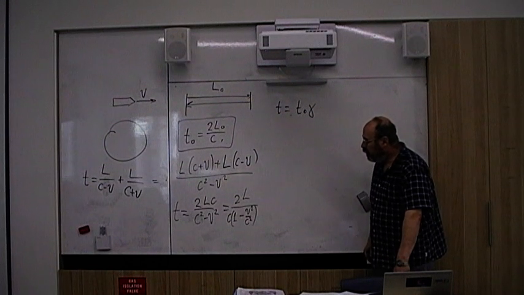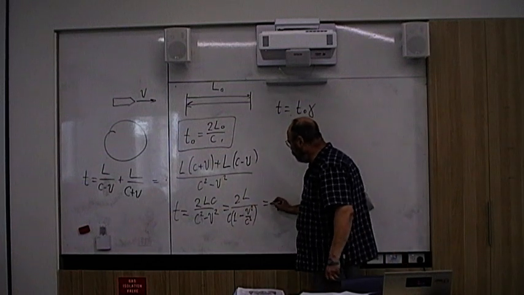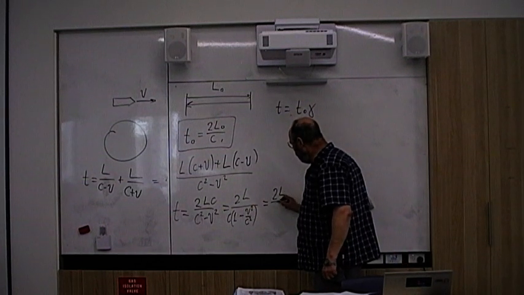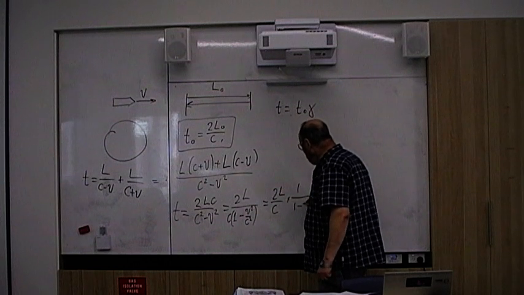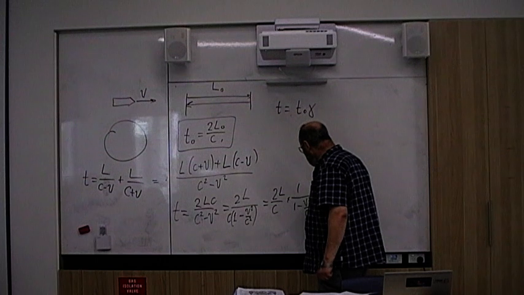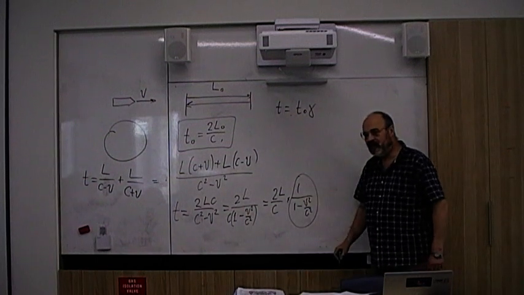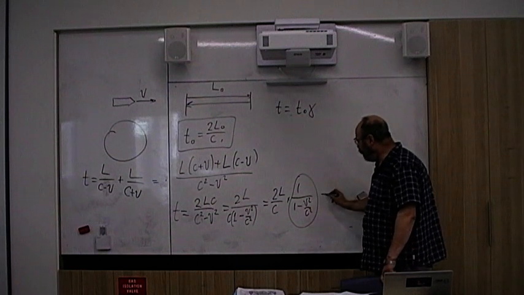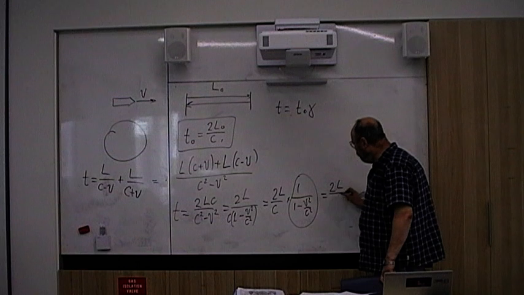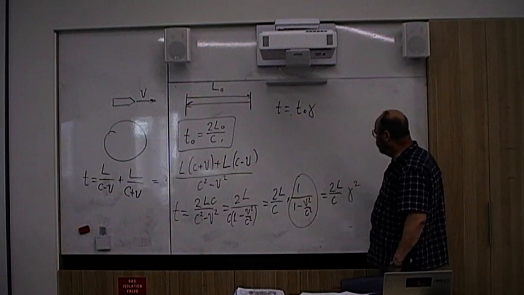Also, if we look at this one, we get 2L over C times 1 over 1 minus V squared over C squared. What is this? Gamma squared. So we have 2L over C times gamma squared.